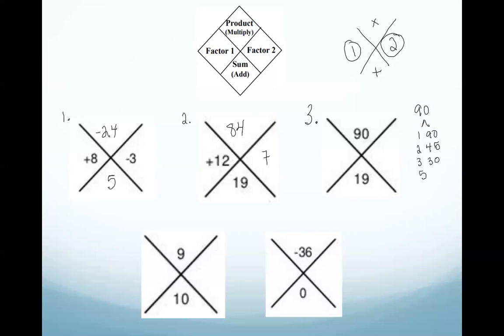5 goes in once into 9, and we're left with 40, so that's 18. 6 and 15. 7 doesn't go in evenly. 8 doesn't go in evenly. 9 and 10. And finally, we've got one that adds to 19. Now, when you look at 90, you might automatically say, oh, 90 is 9 and 10, and you get the 19.